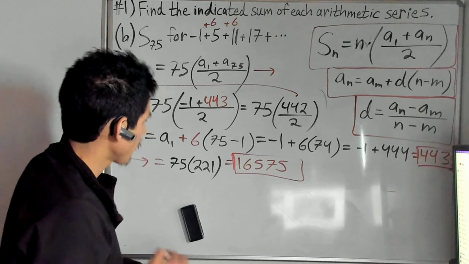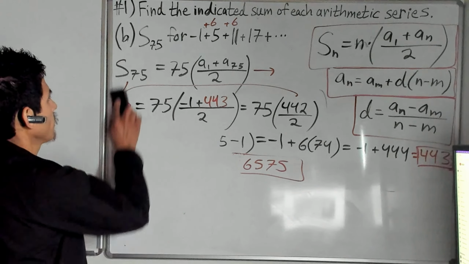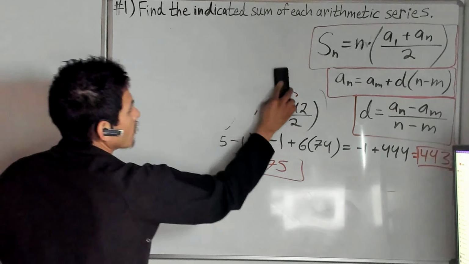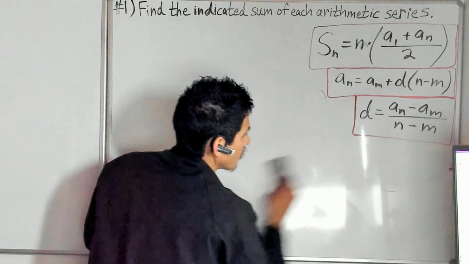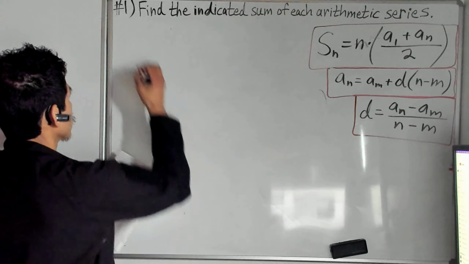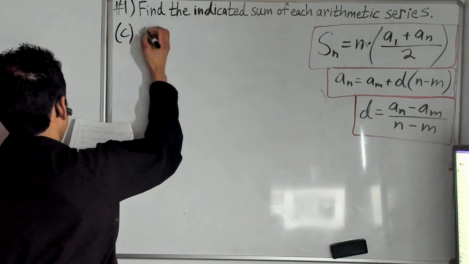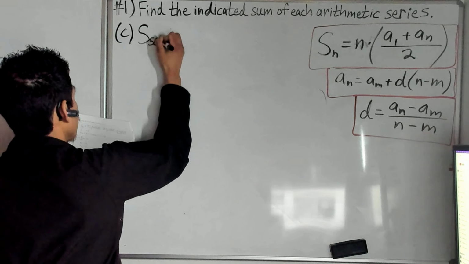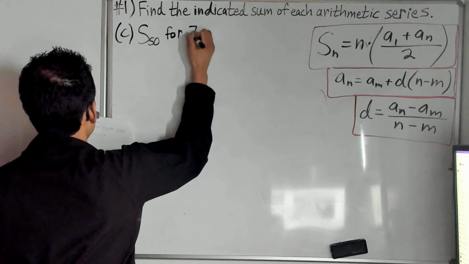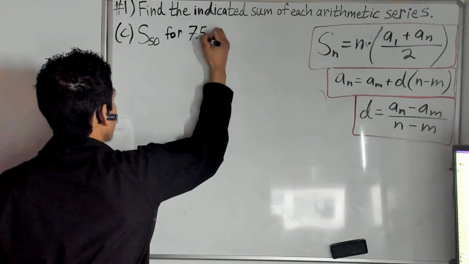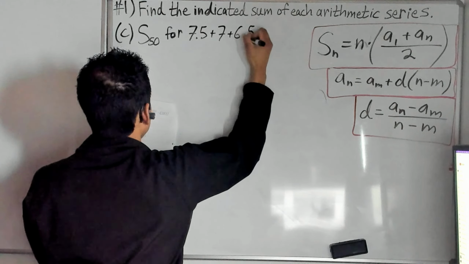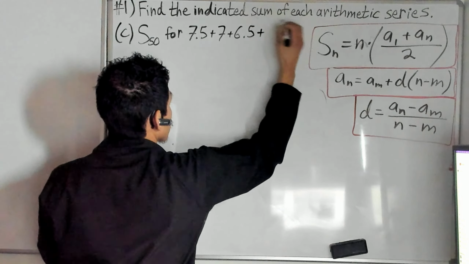All right, one more of these. Let's see. We're going to find S50 for 7.5, 7, 6.5, and so forth.